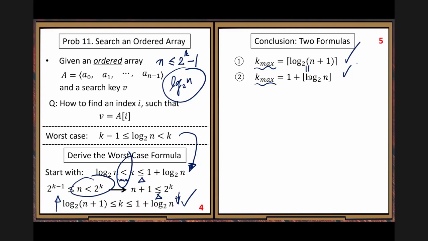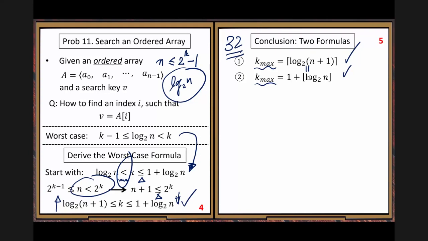I asked this simple question. Given an ordered array with 32 elements, n equals 32. We want to apply the binary search on this array.